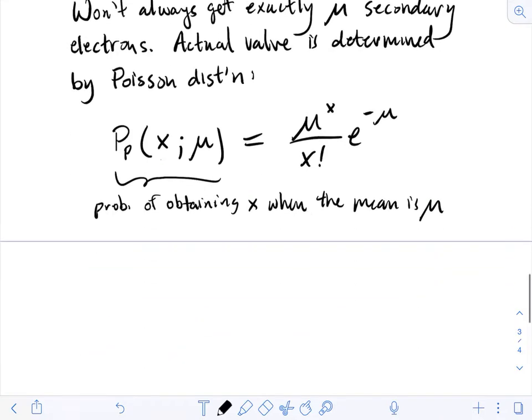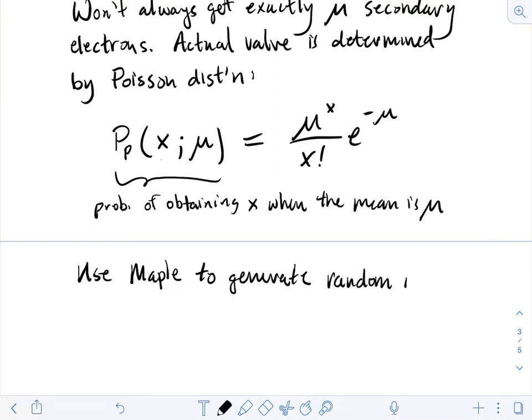Okay, so what we're going to do is use Maple or whatever mathematics software you like, it could be MATLAB or Python or anything else, to generate a random number. Let's call it ND1. So ND1 is going to represent the number of secondary electrons at dynode 1.